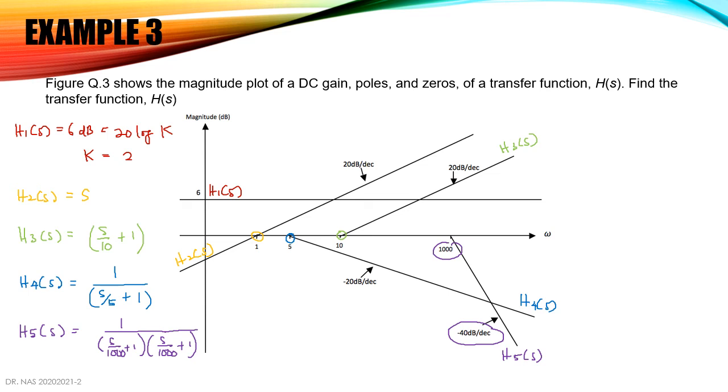If you have one pole, the line will have a negative slope of negative 20 dB per decade. So when you have negative 40 dB, meaning that you have 2 times the negative 20 dB slope. So that's why H5(s) equals 1 over (s over 1000 plus 1) squared.